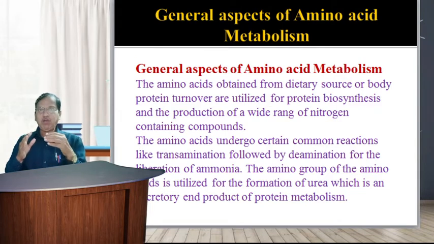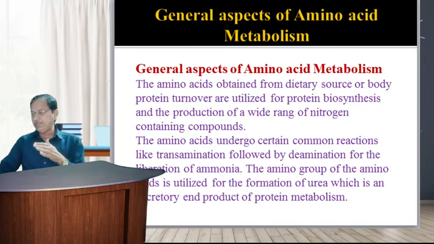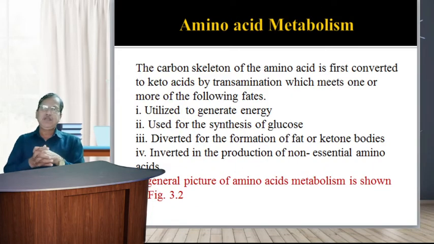The amino group of the amino acids is utilized for the formation of urea, which is an end product of protein metabolism. In amino acid metabolism, protein biosynthesis and production is most important, as required by the living animal functions.